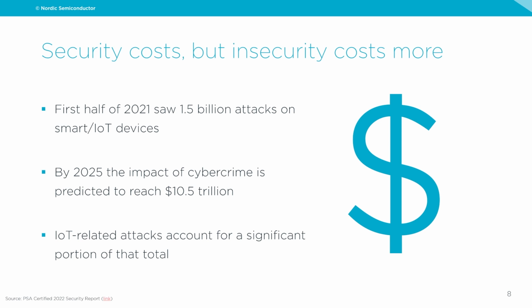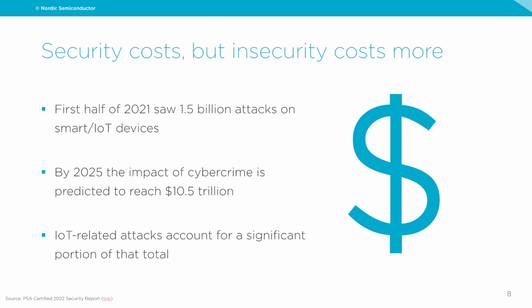Some data here from the PSA Certified 2022 security report, just to give a sense of scale of what it means to have insecurity on devices. During the first half of 2021, there were 1.5 billion attacks on smart or IoT devices. 1.5 billion attacks.